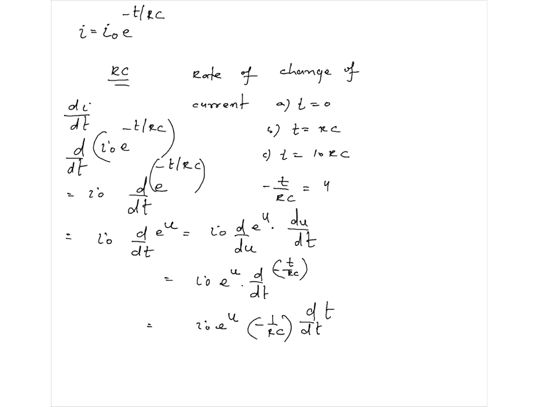But d dt of t is 1. So minus I naught e to the power u by RC. Just get rid of u. And what was u? Minus t by RC.